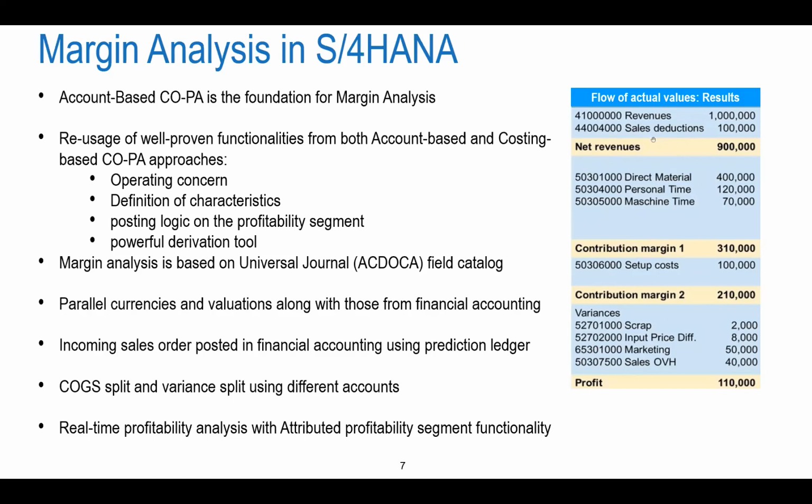Naturally, the answer is no. You would implement margin analysis, also account-based COPA. But keep in mind, margin analysis is much more robust than account-based COPA. Account-based COPA was there in the earlier version, but it has been enhanced over a period of time and improved a lot. So you will see much more robust functionality in margin analysis.